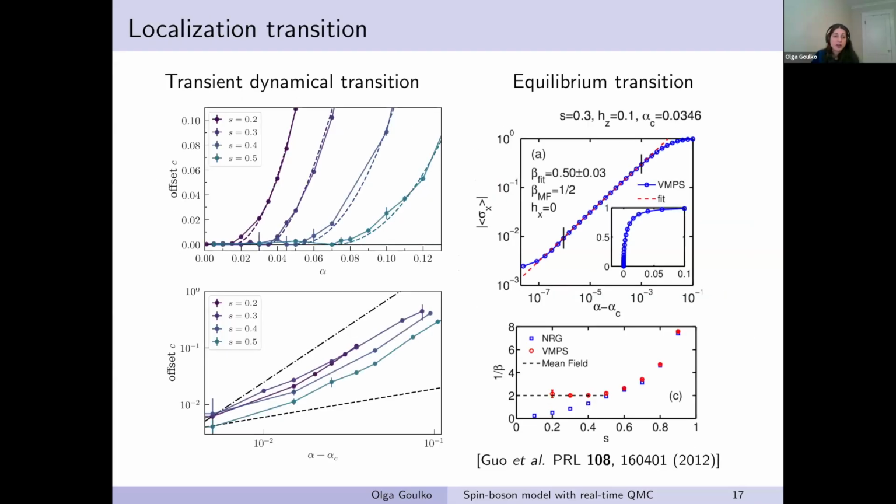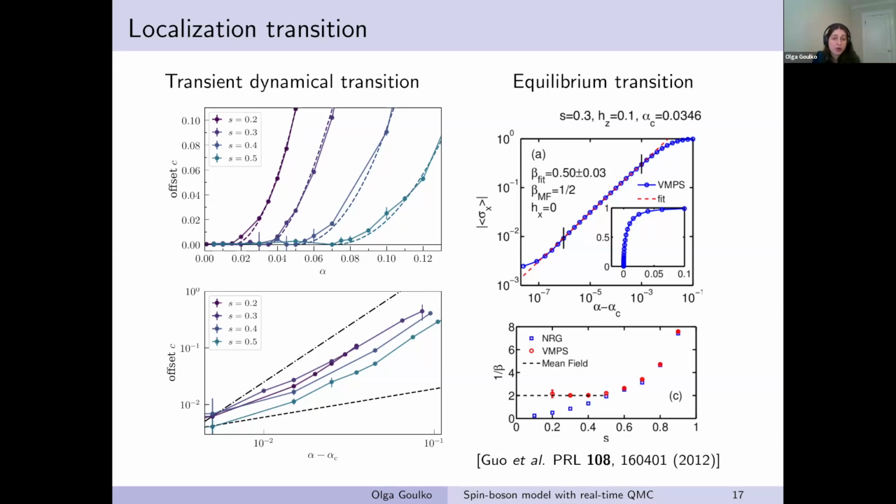So let's look at the localization transition first. As I mentioned, it is known that at zero temperature, there is a quantum critical point in the sub-Ohmic case, and one expects this phase transition to be in the same universality class as the thermal phase transition of the classical Ising spin chain with long-range interactions.